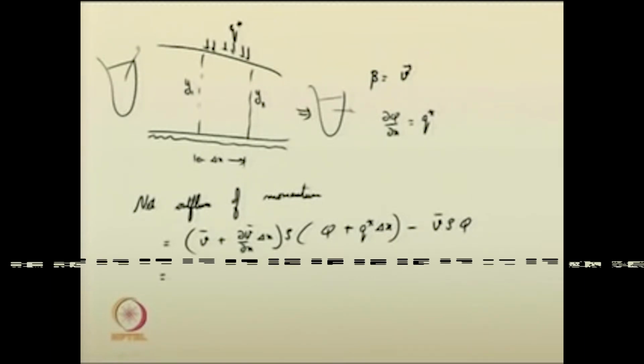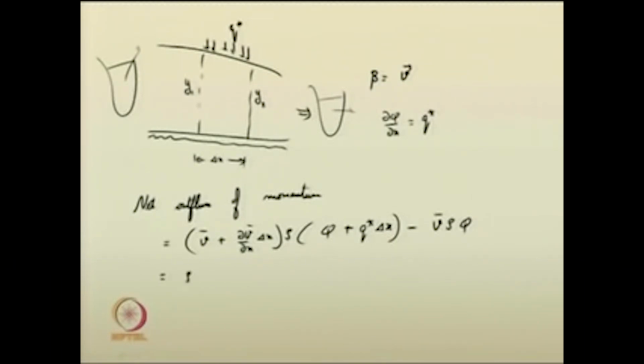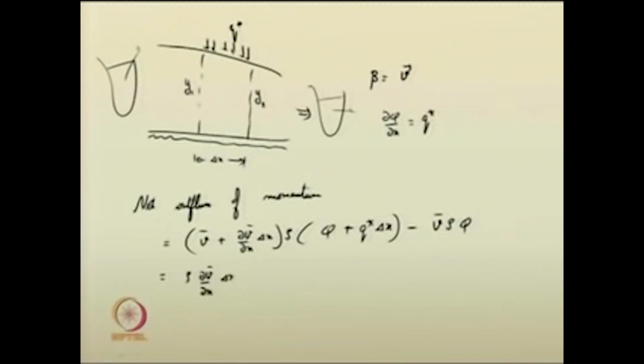I can now easily write this quantity as rho dou V by dou x del x into Q plus q star rho dou V by dou x del x squared plus rho V q star del x.